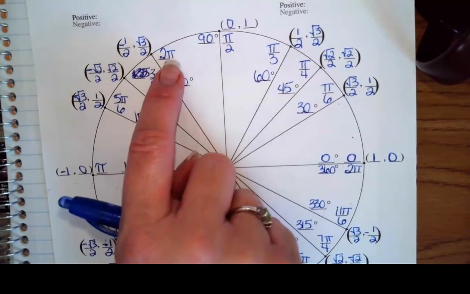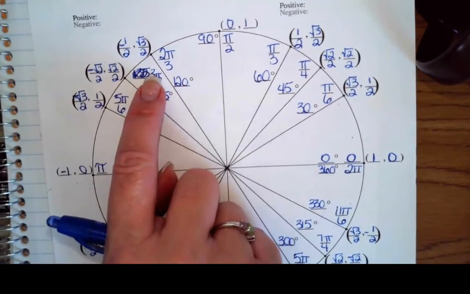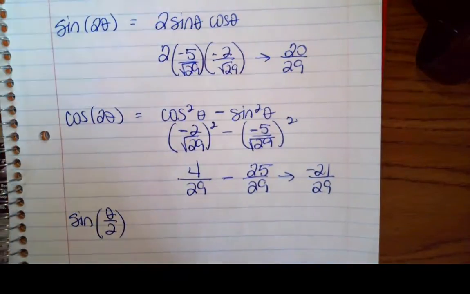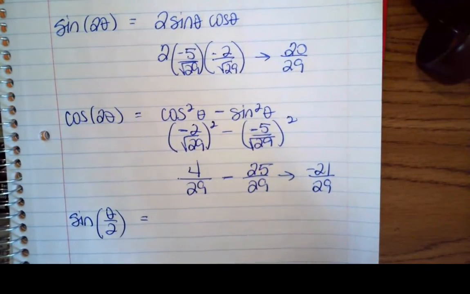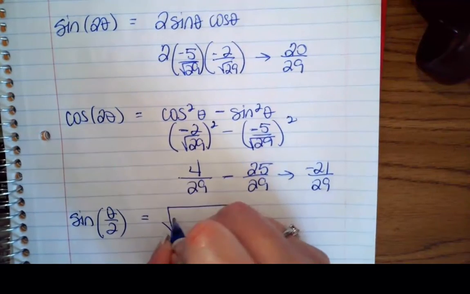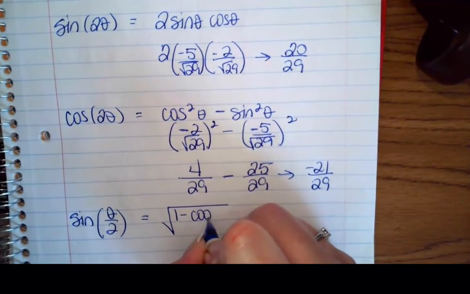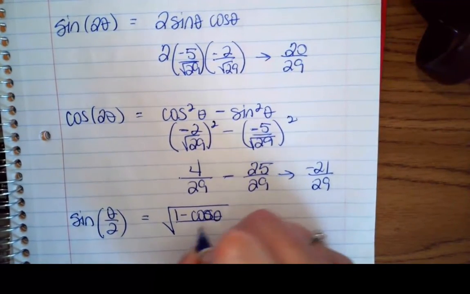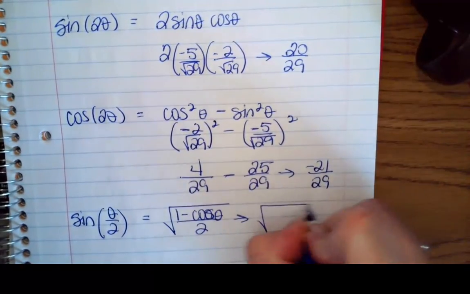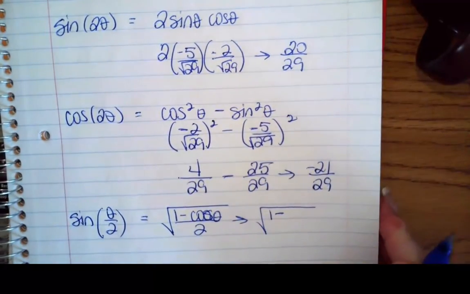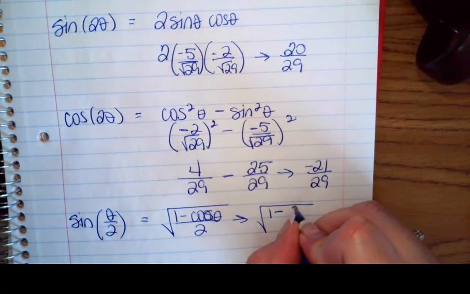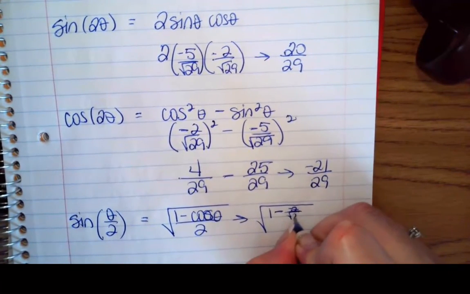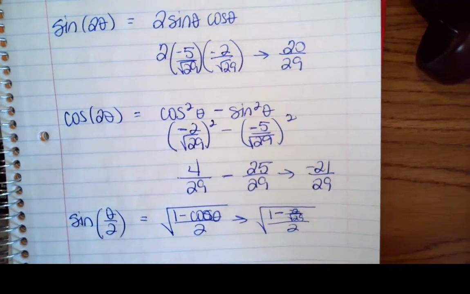Sine is positive and cosine is negative in quadrant 2. So my half angle is going to be positive. I'm going to get the square root of 1 minus cosine theta, over 2. So positive, 1 minus, what's my cosine? It's -2 over root 29, over 2.